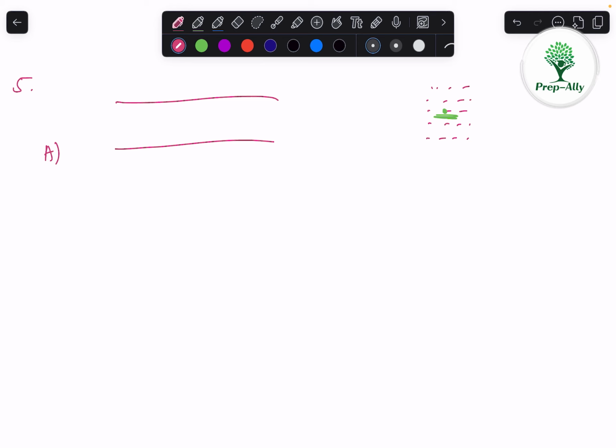How the air particles vibrate at their mean position creates a wave. Air doesn't have to travel, it just has to vibrate. The disturbance will travel. For example, if some persons are like this, and this person jumps, then what will happen?